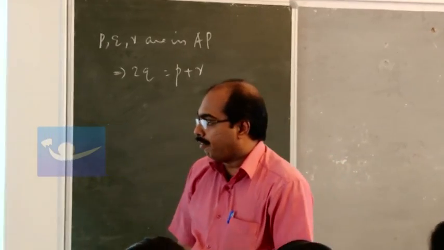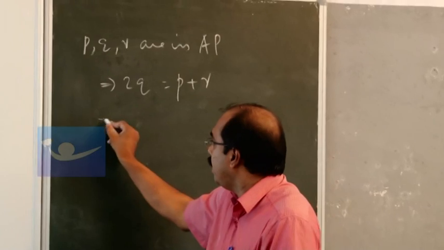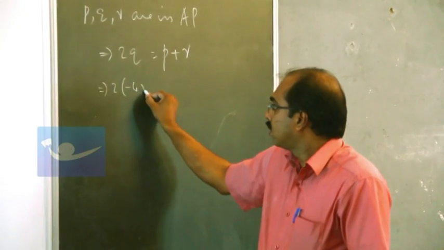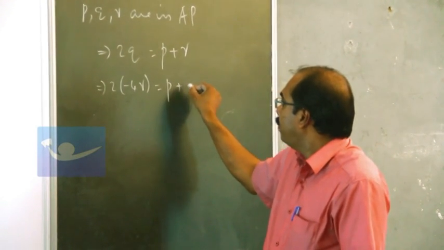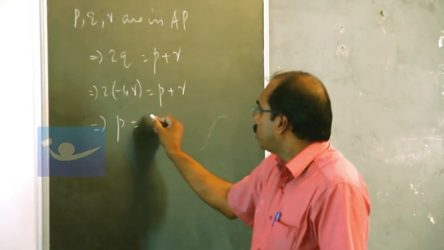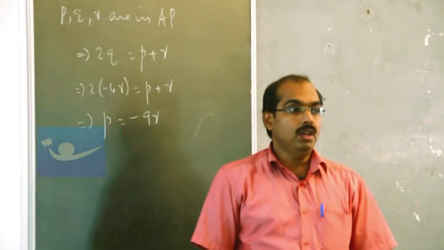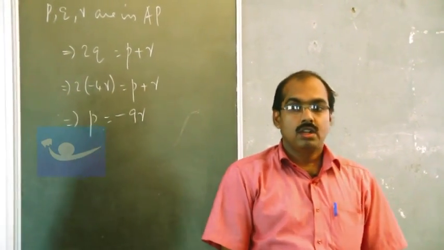We already have q equal to minus 4r. q can be replaced by minus 4r, so minus 8r equal to p plus r will give us p equal to minus 9r. Okay? p equal to minus 9r.